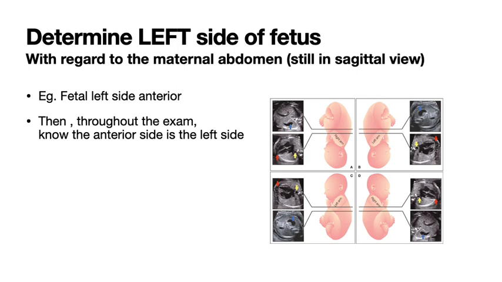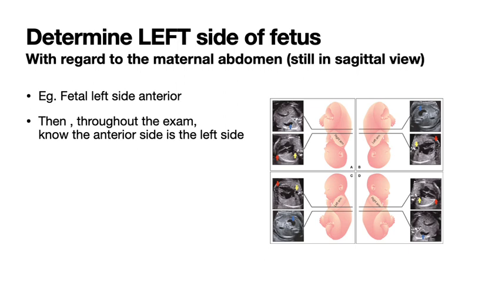So if you figure out, okay, the left side happens to be the one right beneath the transducer, against mom's anterior abdominal wall, then you'll know from then on that the left side is the anterior side of the mom. Now, obviously, that can change with fetal movement, but you at least need to start that way.